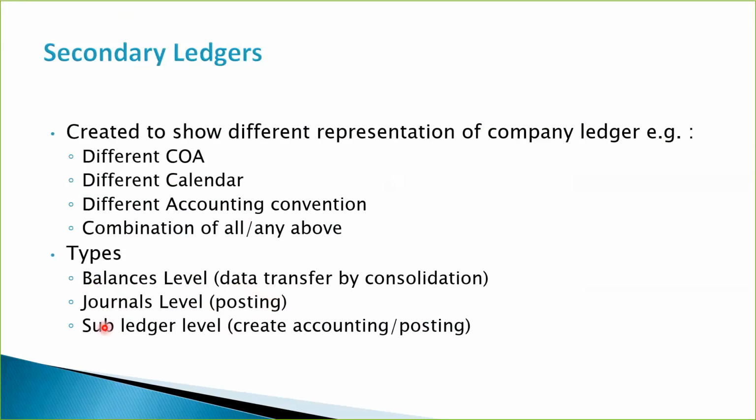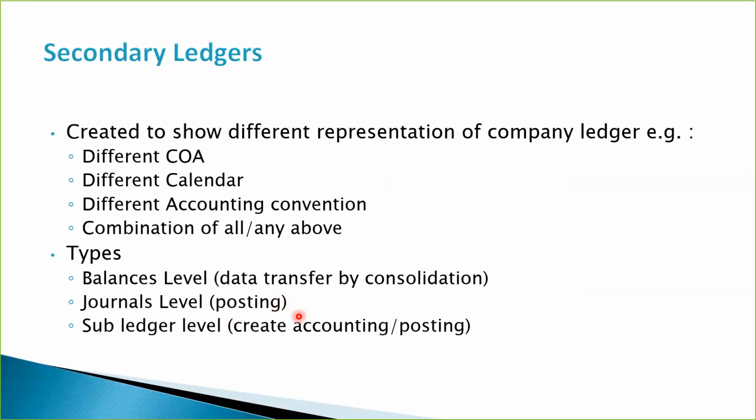For the subledger level, journals can be created either by the Create Accounting program or the Posting program. Create Accounting program will create journals that are coming from Oracle subledger modules, just as in the reporting currency ledgers.